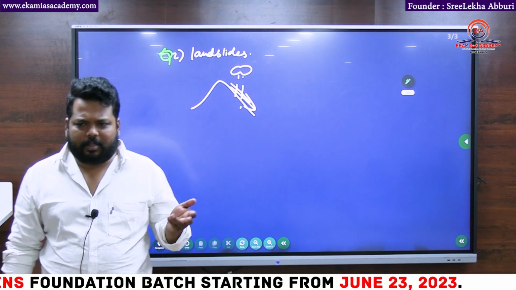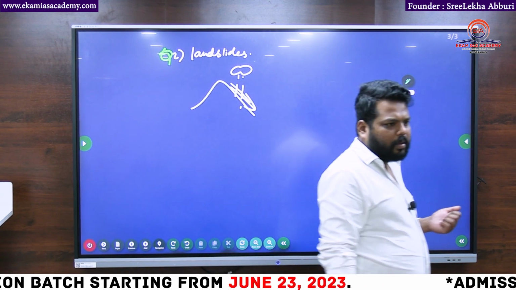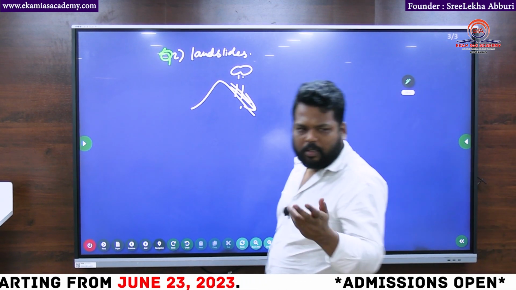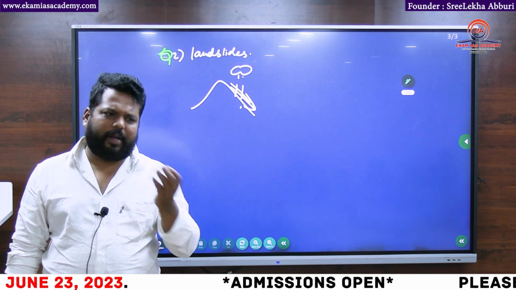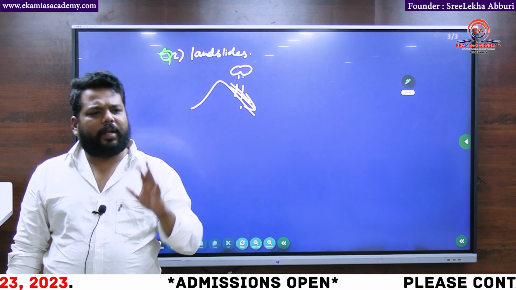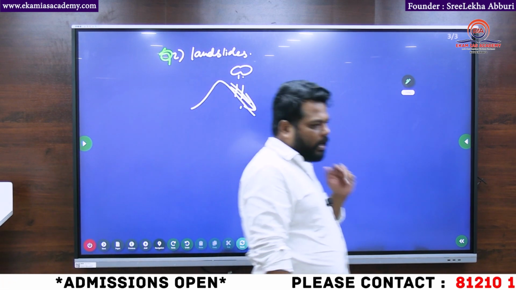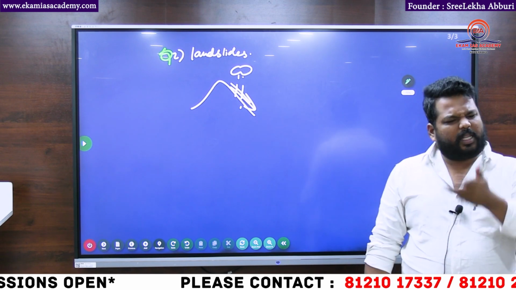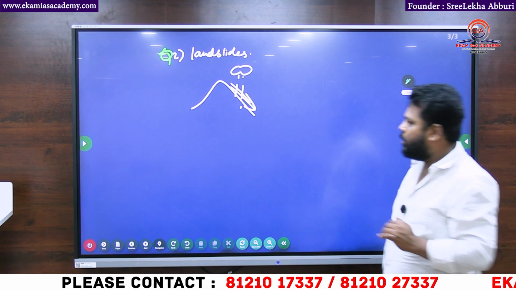Aravalis are hence considered examples of residual mountains or denuded mountains. The Aravali's average height itself is somewhere around 300 to 500 meters. So after the Himalayas it is the Western Ghats which experience relatively high elevations. Eastern Ghats, however, have much less height compared to the Western Ghats.